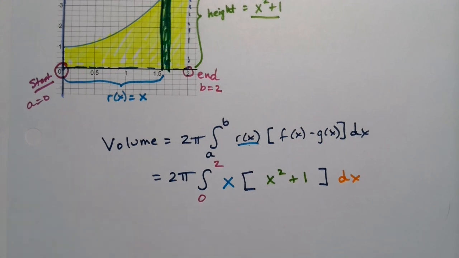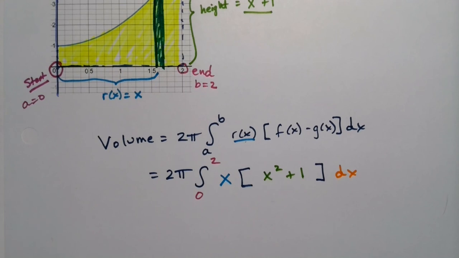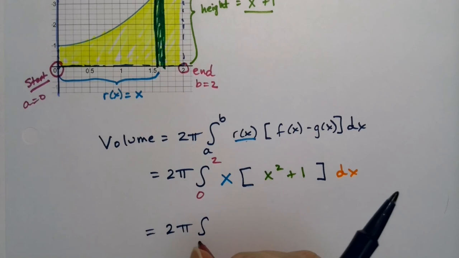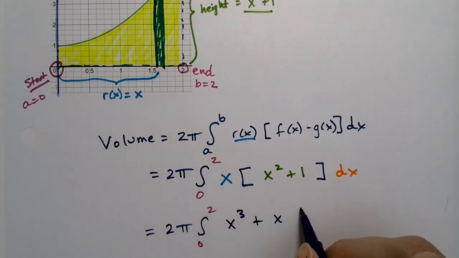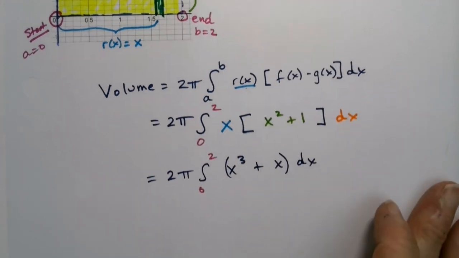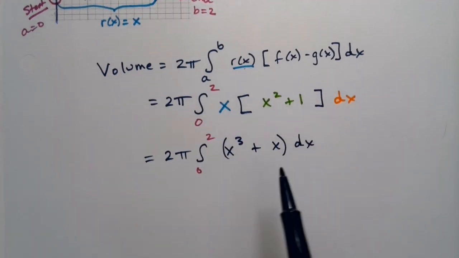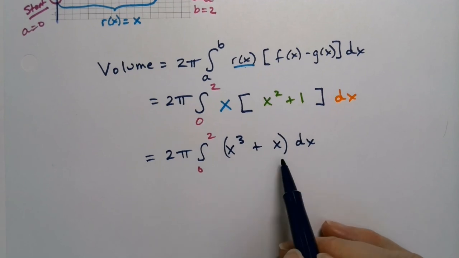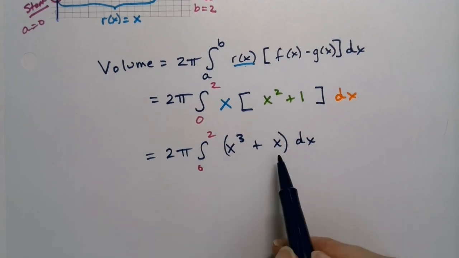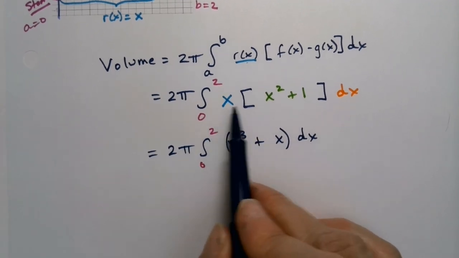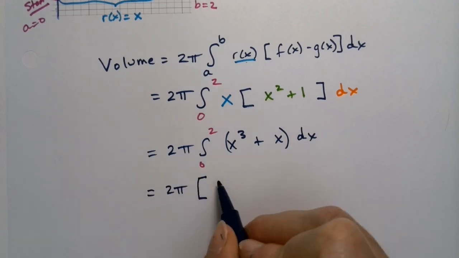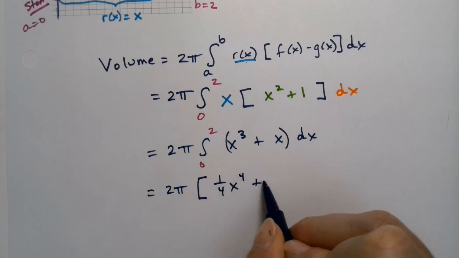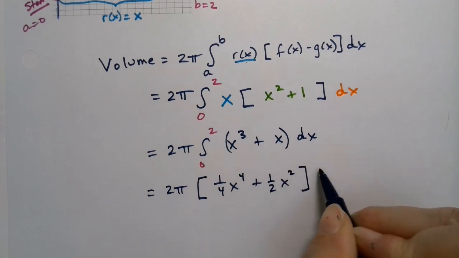All right, then I can distribute. So this is 2 pi times the integral from 0 to 2 of x times x squared, which is x cubed, plus x. Now you'll notice it's missing all that squared bit with the foiling that we had in the disc and washer method. That's one of the ways this method can actually be a bit easier, because we don't have all that squaring. I just needed to distribute my x there. So this is 2 pi, and then the integral of this would be 1/4 x to the 4th plus 1/2 x squared from 0 to 2.